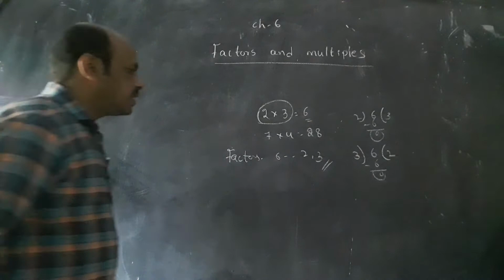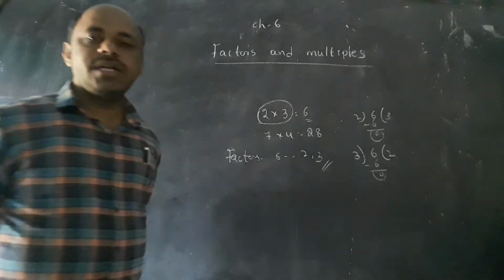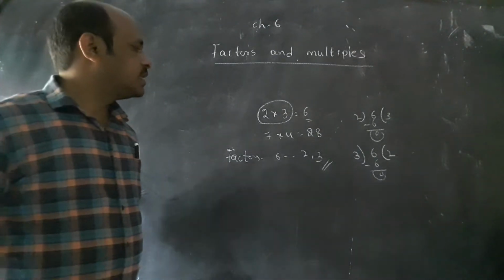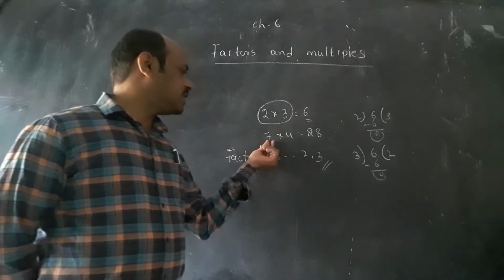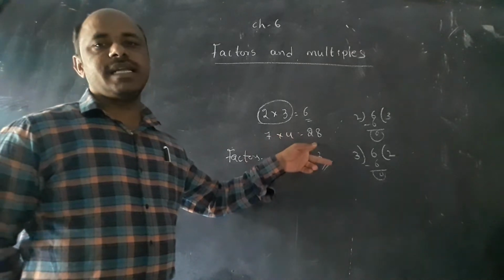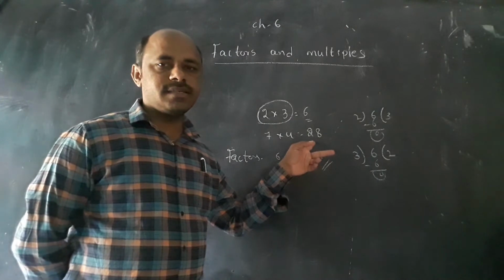Okay, see, the same way 7 and 4 also. If we are dividing 28 by 7, then 7 4s are 28, the leaving remainder is 0.